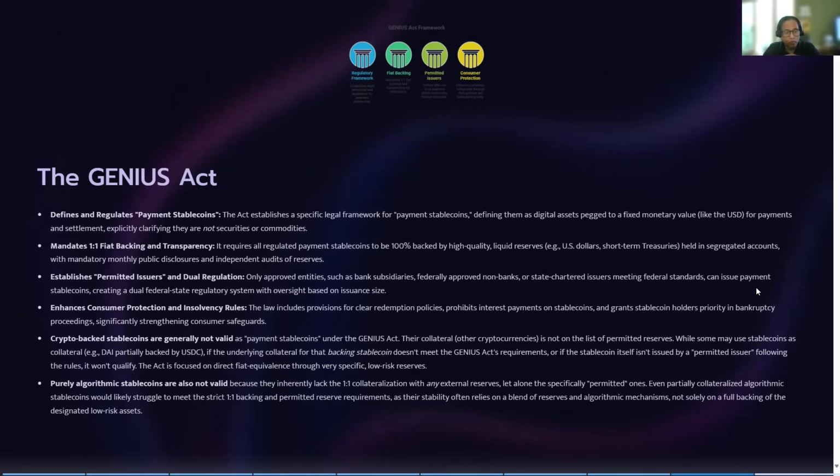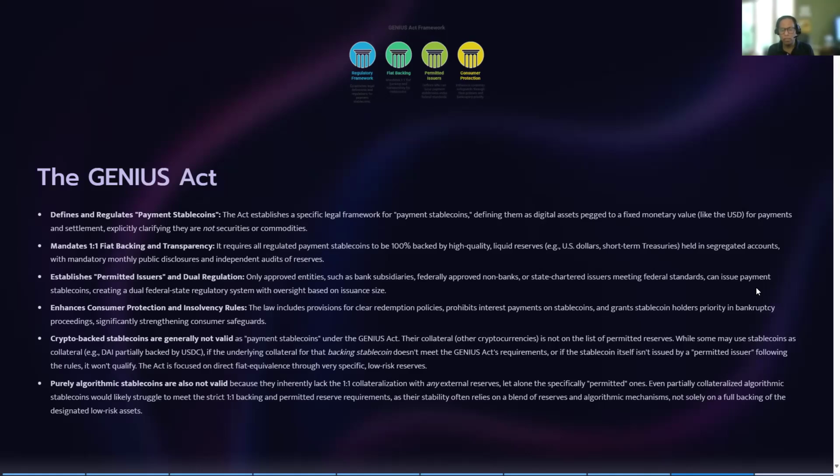Also, purely algorithmic stablecoins and crypto-based stablecoins are not valid based on this Genius Act as of now. They are still working on customizing and changing it, so they may be valid in the future, but right now only US-based stable coins are valid.